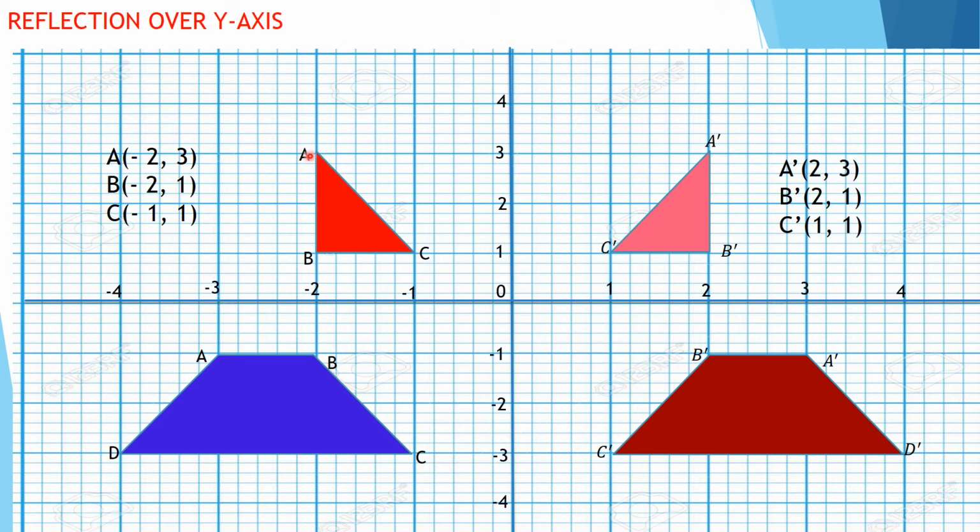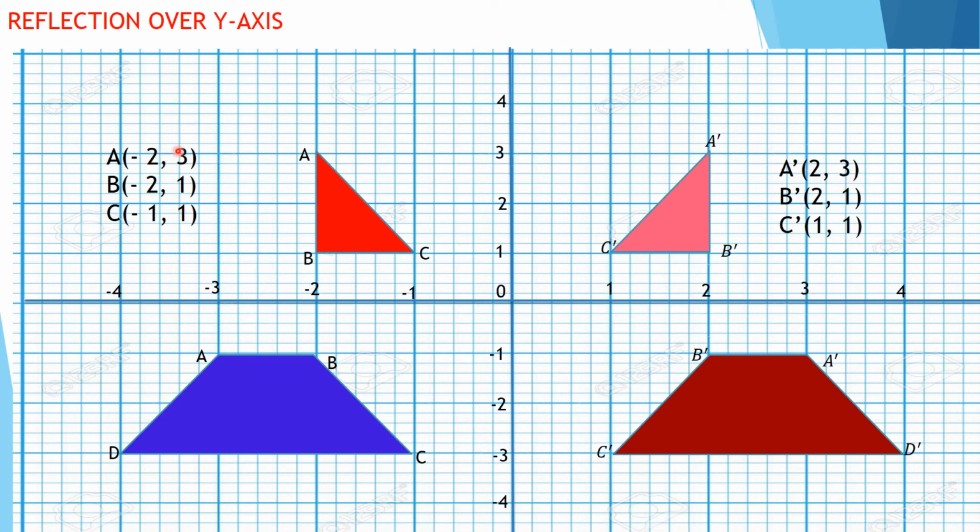My A now has coordinates -2 and 3. B is -2 and 1. C is -1 and 1. Now if I negate the x, I multiply by -1 and I'll have 2, 3.